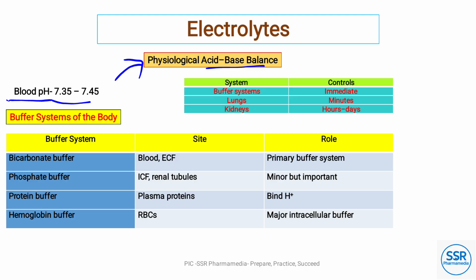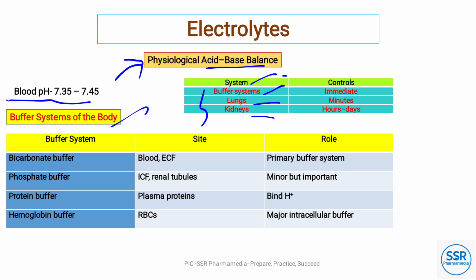The maintenance of pH occurs through a three-way system. The first system is the buffer system of the body maintaining the pH of blood. The other two are the lungs and kidney.